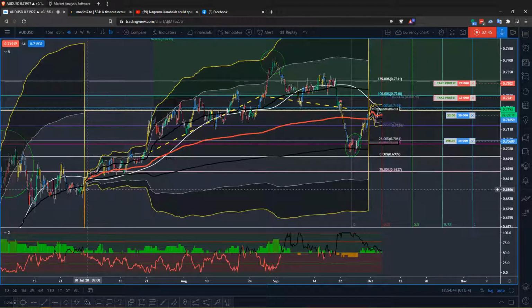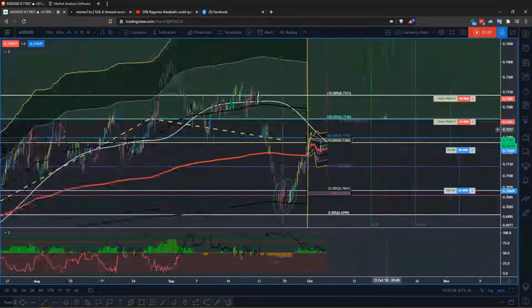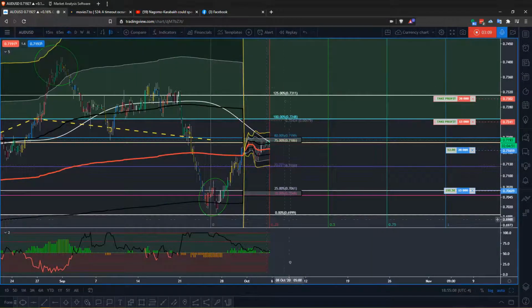So going into last quarter, starting June 30th, July 1st, we had a little consolidation going into that new quarter. But once we found our direction in that new quarter, we continued with that direction for a majority of the quarter, only till we hit about here. So I'm actually expecting the same thing to happen here. Once we do find a direction, may that be up or down, we should continue with that direction for a good chunk of the quarter.